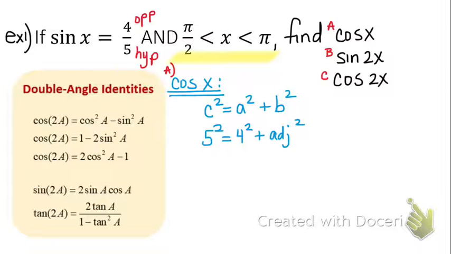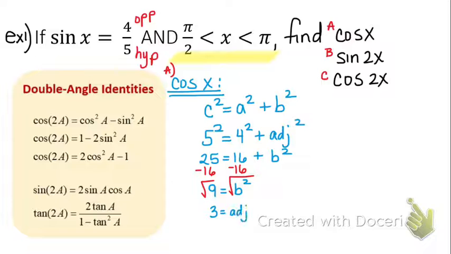So 5 squared is 25. 4 squared is 16, and that's plus adjacent squared. Subtract 16. 9 equals b squared. Take the square root. And 3 equals adjacent.